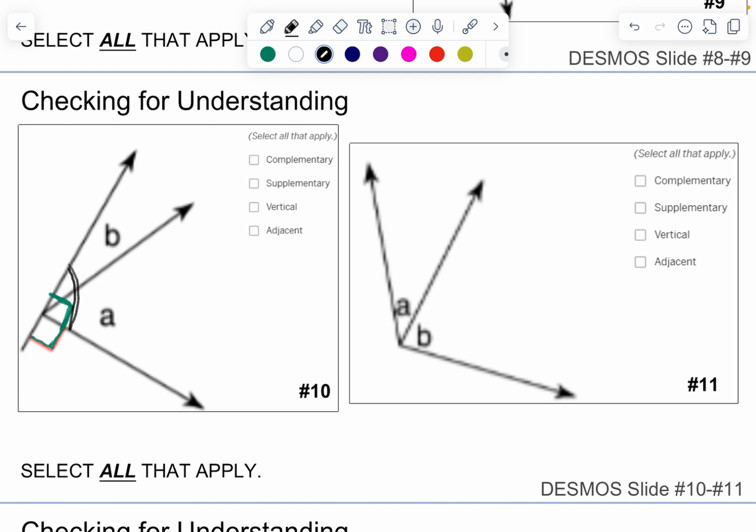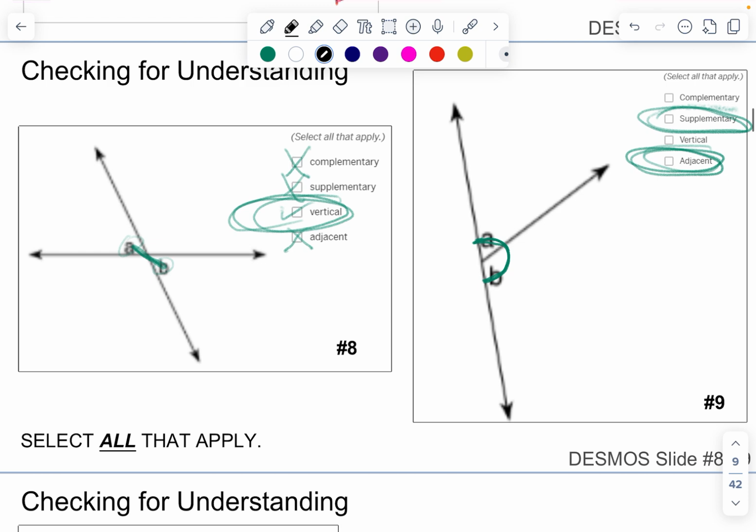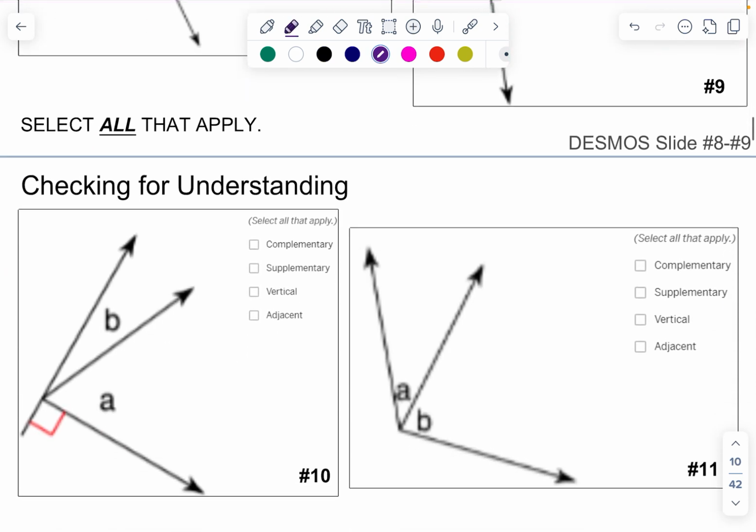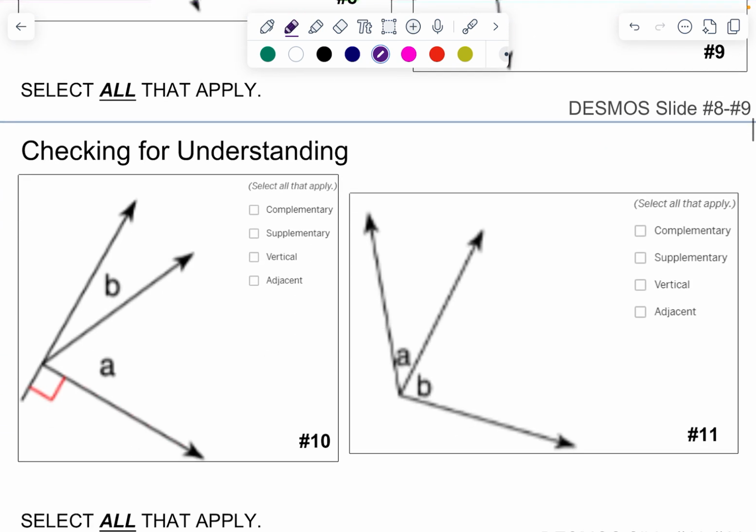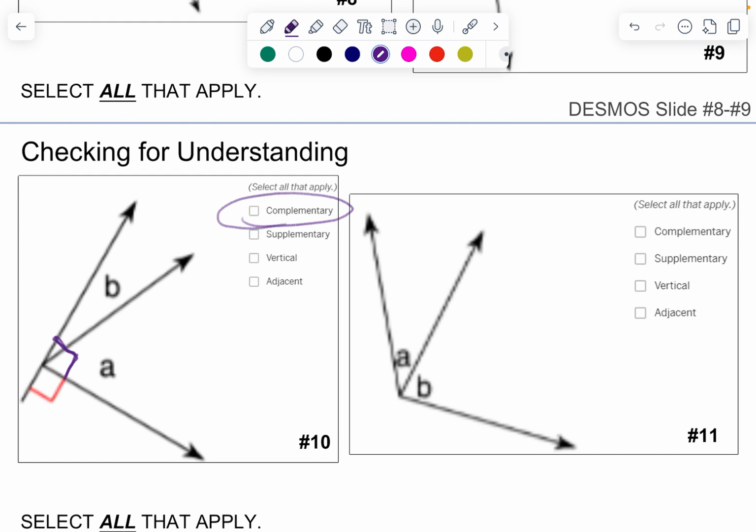So up here with supplementary, we're drawing this arc. With complementary, we're going to be drawing our corner. So if you can draw that corner, then you have complementary angles. They equal 90 degrees and they are adjacent to each other.